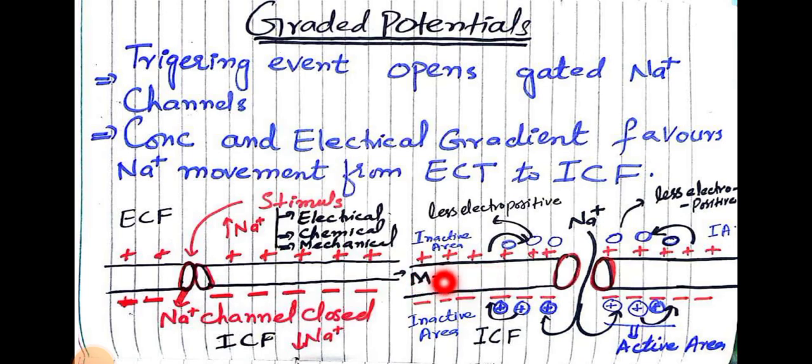And this would be our graded potential and small range electrical signals. When sodium has moved from outside to inside, the small change in potential that has occurred has given rise to these small range electrical signals, because charges move from the active area towards the adjacent inactive area.